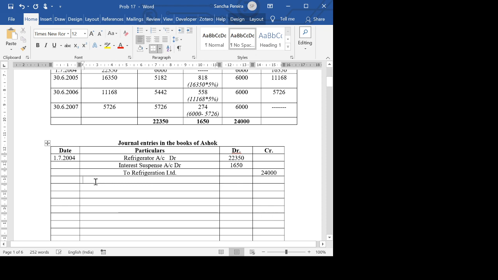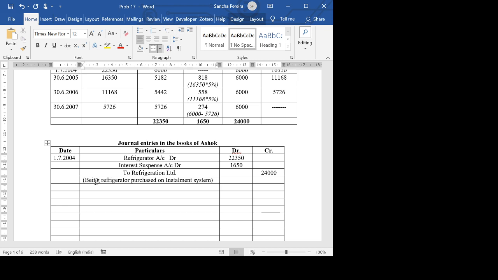So here the narration will be: being refrigerator purchased on installment system.